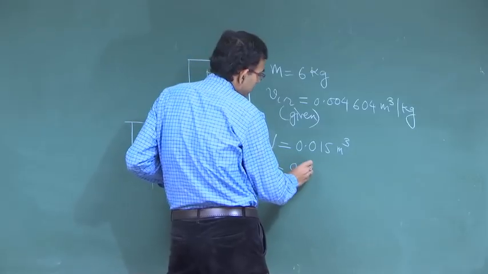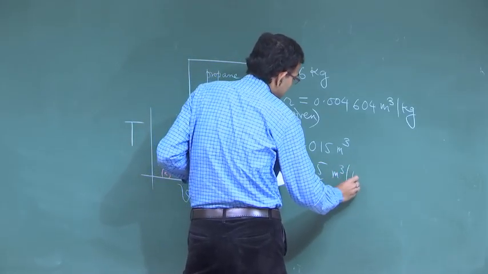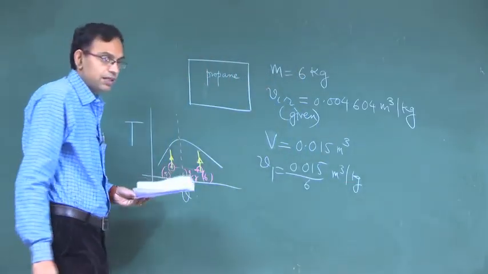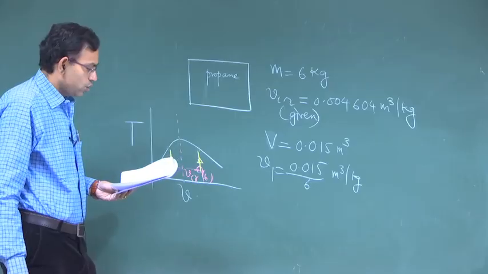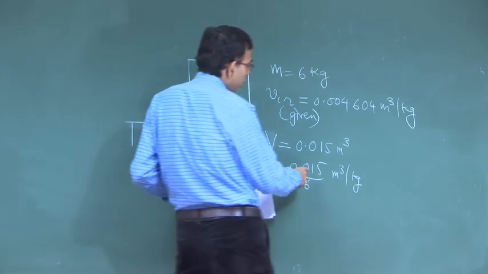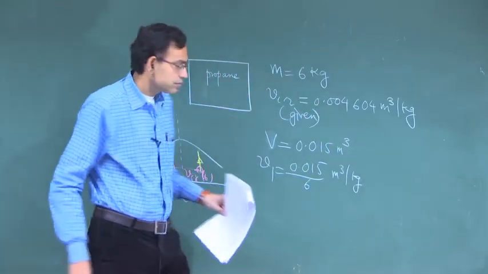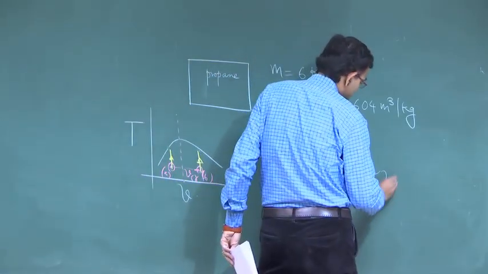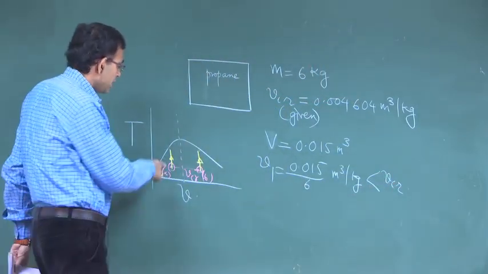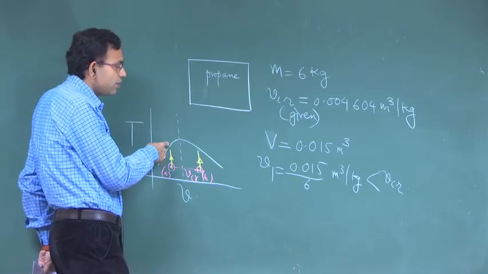It is 0.015 by 6 meter cube per kg. Maybe it is in the liquid state. If you calculate this, this will be less than V critical, right. So, it is this state A. If you heat this, the liquid level will rise.